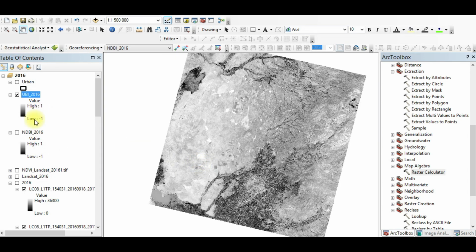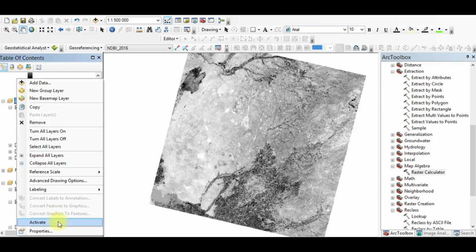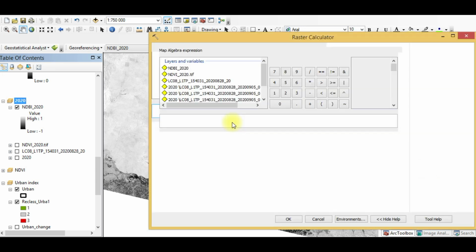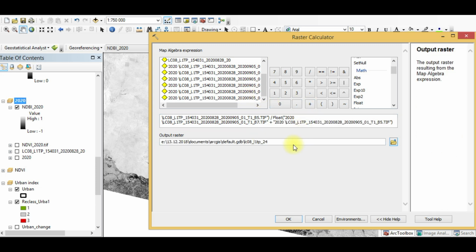So values are also from -1 to +1, and I will do the same step for 2020. So again, use the float, shortwave infrared minus near infrared, and divide by shortwave infrared plus near infrared.